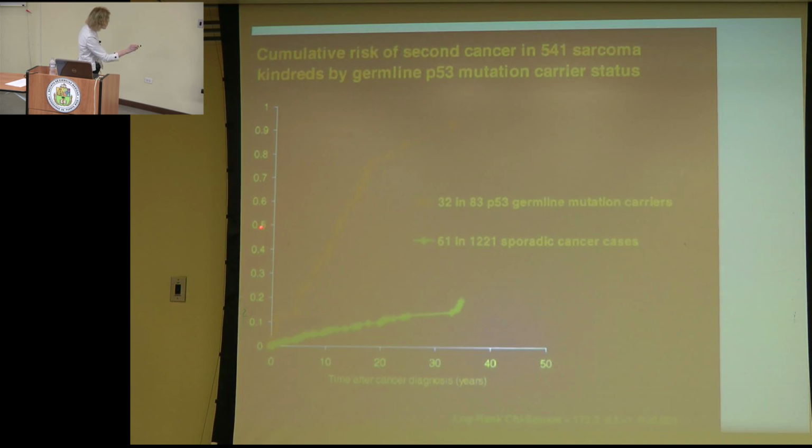Again here, median age would be between 10 and 15 years after first cancer, whereas for this group, you never get a very high frequency of second cancers. So this is a real hallmark of at least someone who is at risk for p53 mutation.